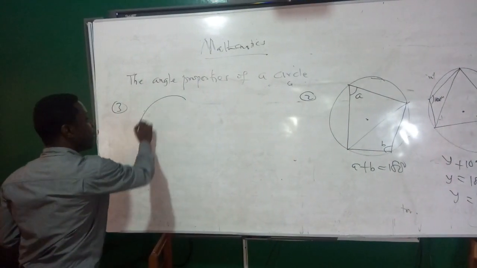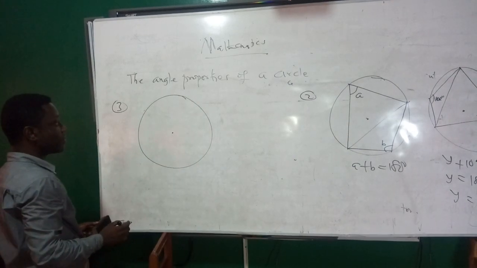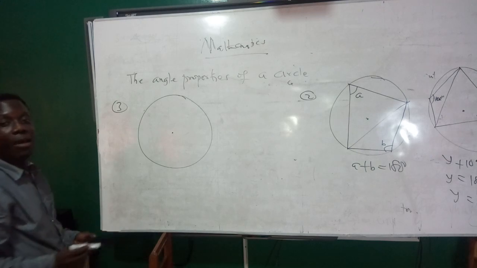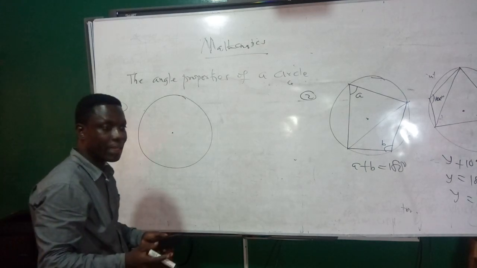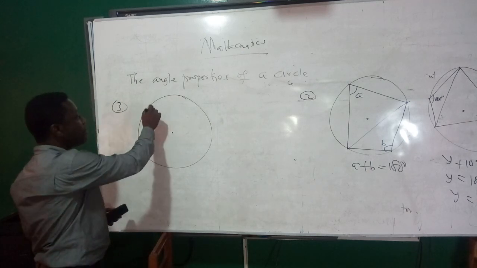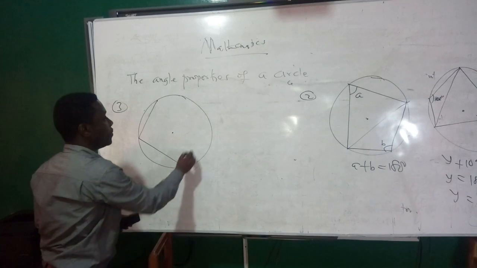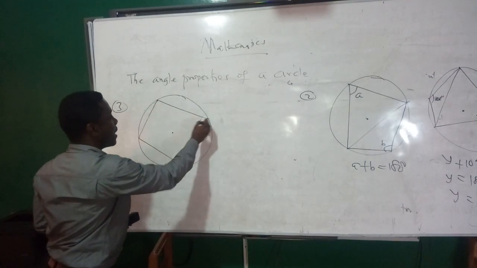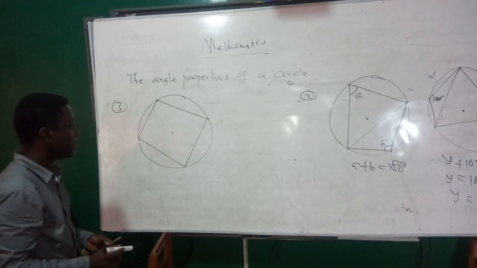We are saying that if we have a circle with a center, of course, and you have a quadrilateral, a four-sided plane figure, fitted into that circle, any four-sided figure at all, we have what we call a cyclic quadrilateral.